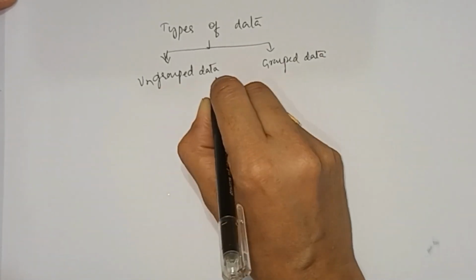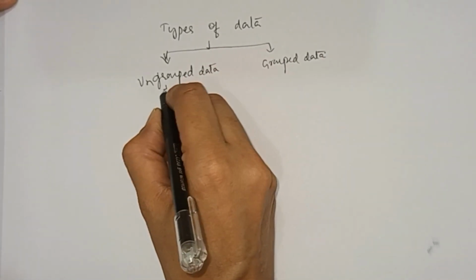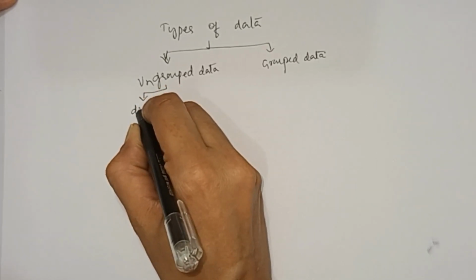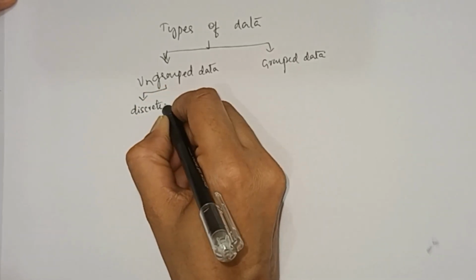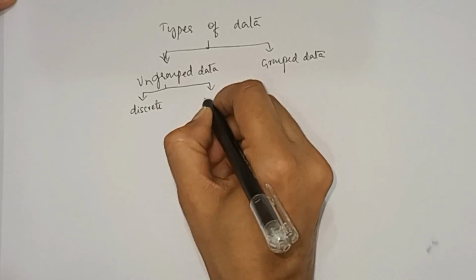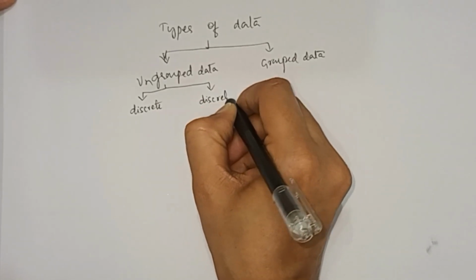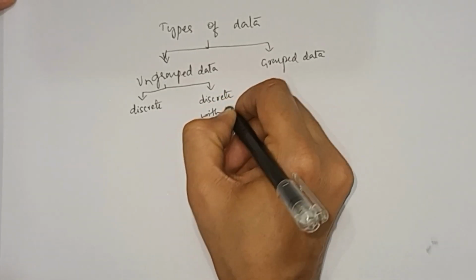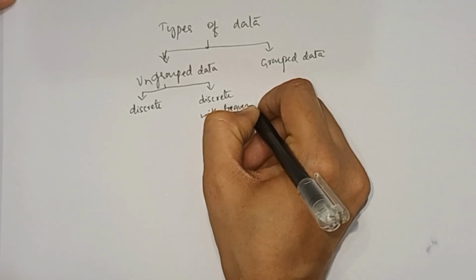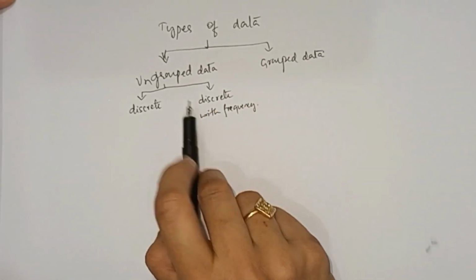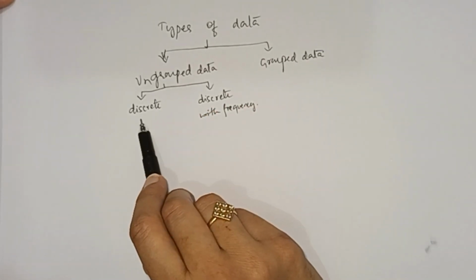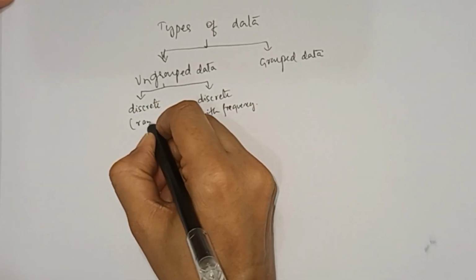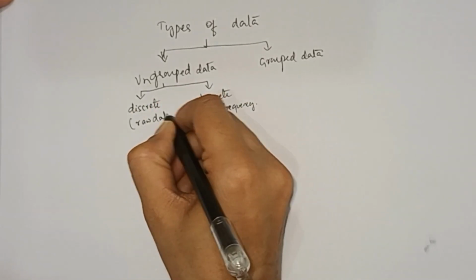Under ungrouped data, again you can have discrete data without frequencies, and discrete data with frequencies. That means it is frequency distributed data. Here it is just raw data where the frequencies are not given.